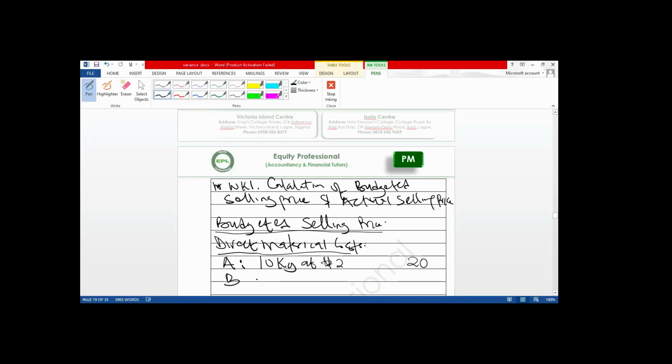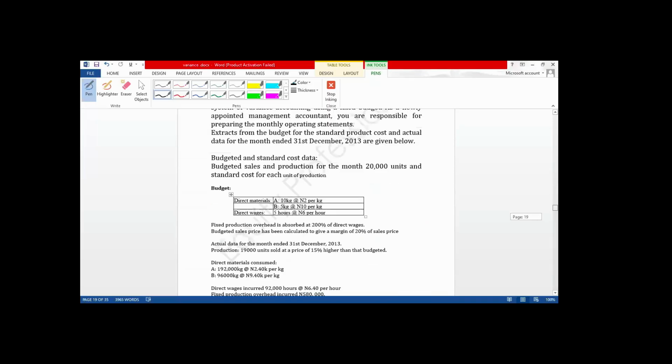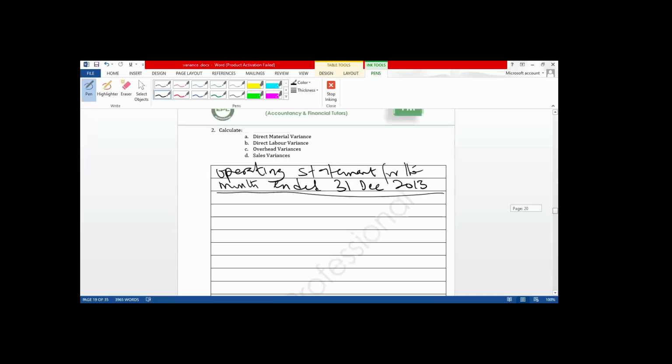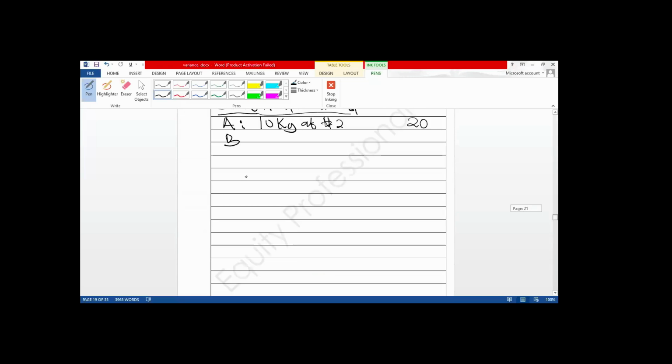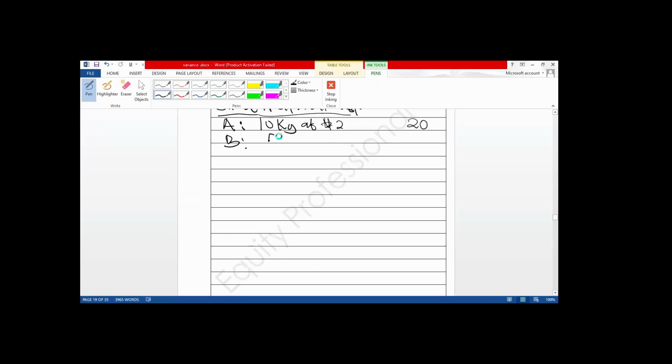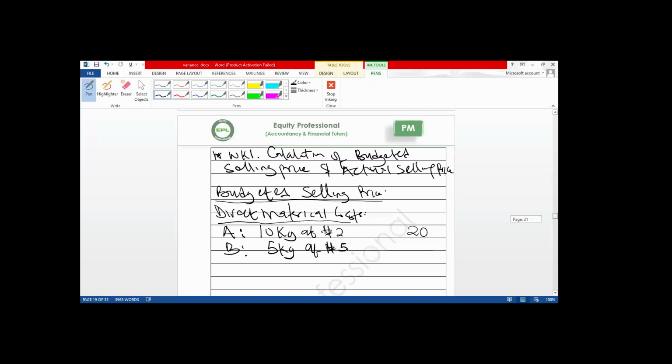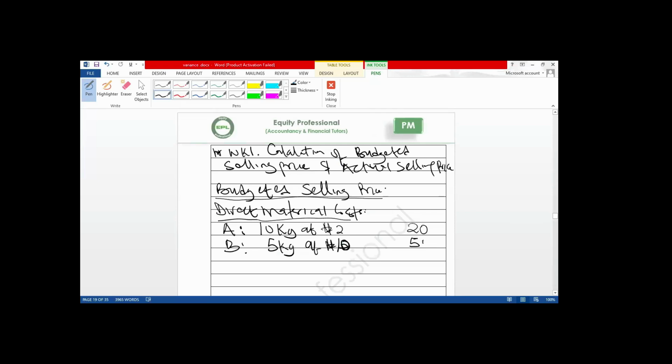For material B, we require 5 kg standard at a price of 10 naira per kg. That means this is 50 naira.